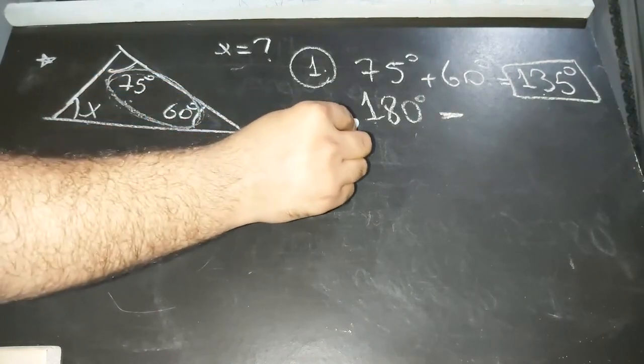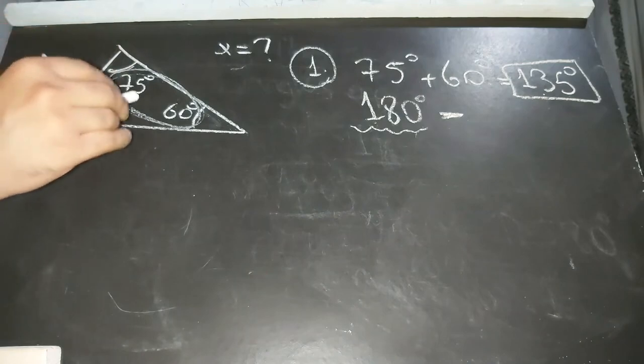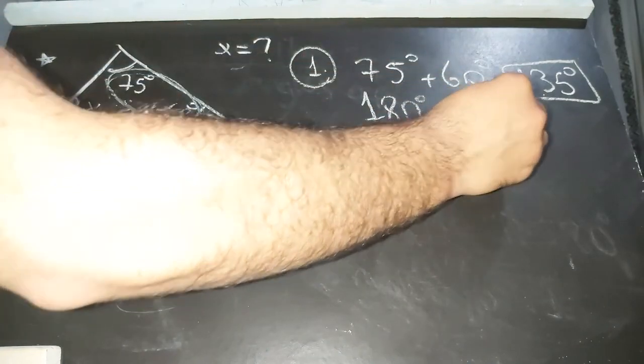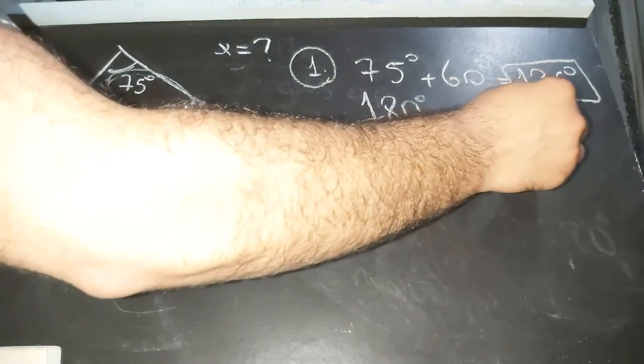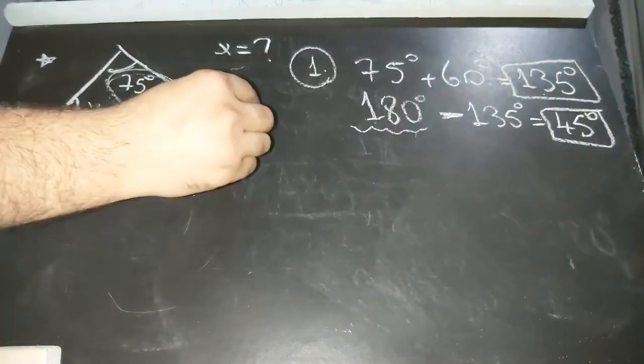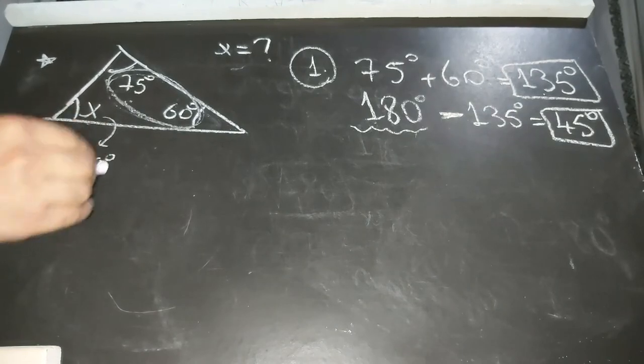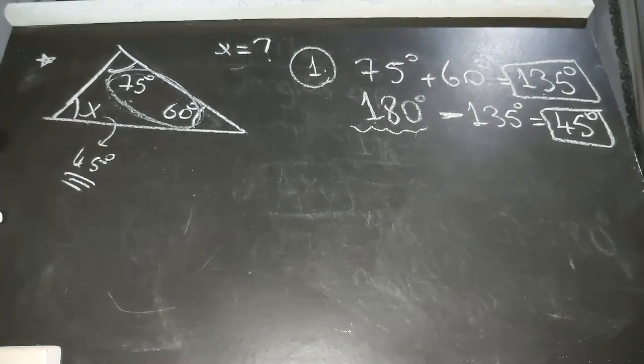This 180 is coming from the information, so 180 minus 135 is going to be 45. That means x is 45. This was my first method.